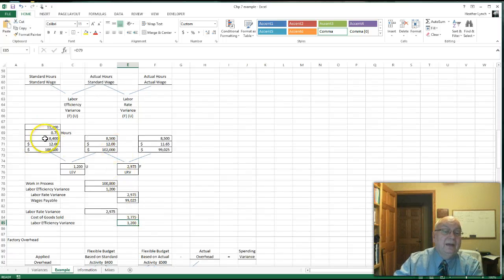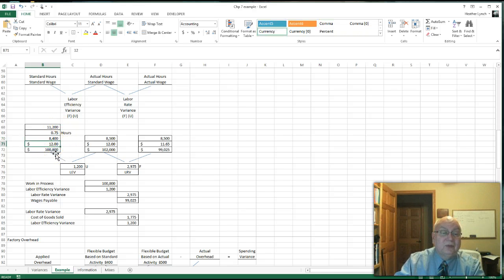Okay, so again, we'll take the 11,200, which was the actual units produced, times 0.75 to get 8,400. The 8,400 hours is our standard hours allowed for 11,200.